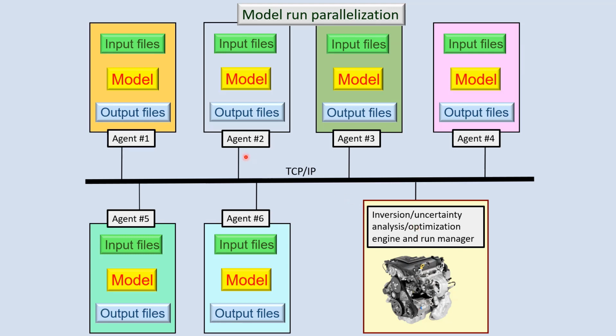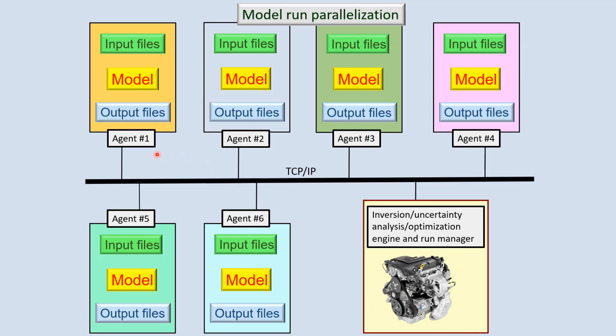A message is sent to each one of these agents whenever a model run is required, sent to one of those agents. The parameter sets that the agent must use are provided to it through TCP/IP. The model is run by the agent, and then the agent sends back the outputs from the model which PEST or another program in the PEST suite requires in order to perform its history matching job.